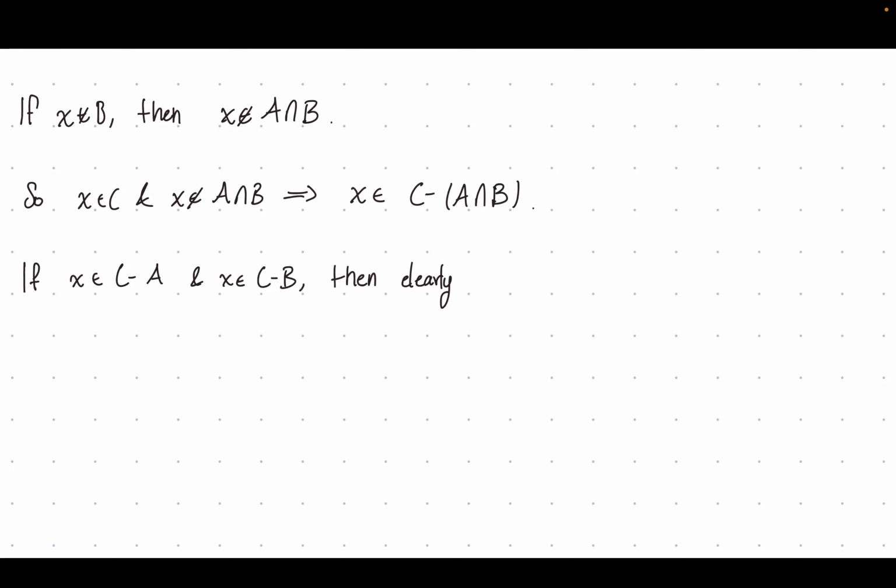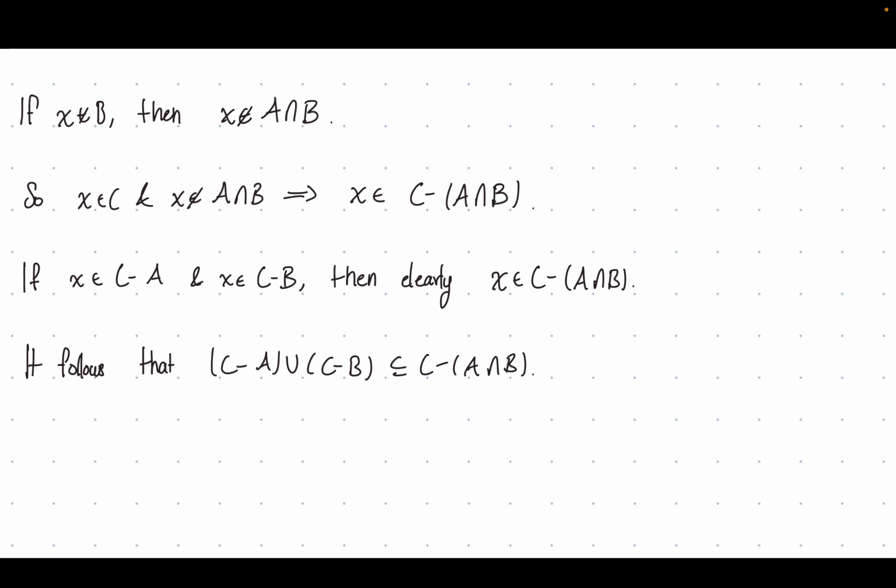Both of them imply that it's included in C minus A intersect B. So clearly X is in C minus A intersect B. So it follows that C minus A union C minus B is a subset of C minus A intersect B.